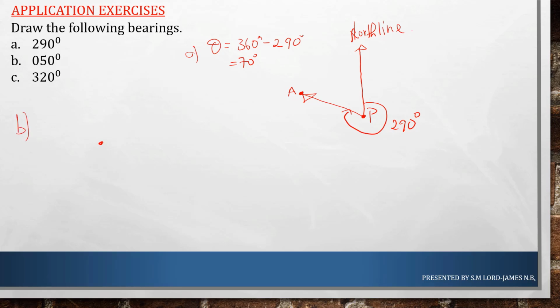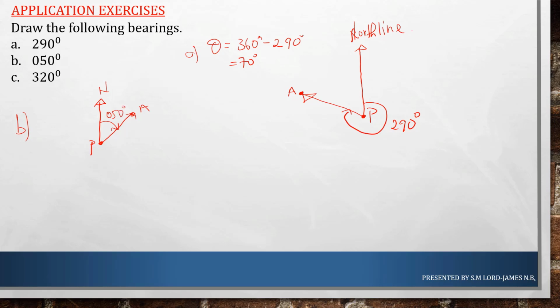We have our point P, we draw our north line, we can call that north line N, then we measure 50 degrees, which will be somewhere around there. You can use your protractor, we can call that point A, then we link. Since the angle is between 0 and 180, this is our bearing, so 50 degrees.